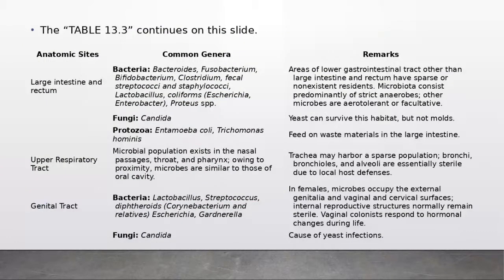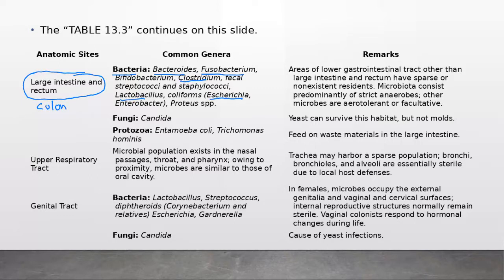Okay, GI tract. Another location is in the intestine, especially the large intestine. Another name for the large intestine is colon. Examples of bacteria that live in this colon are Bacteroides, Fusobacterium, Clostridium, Lactobacillus, E. coli.